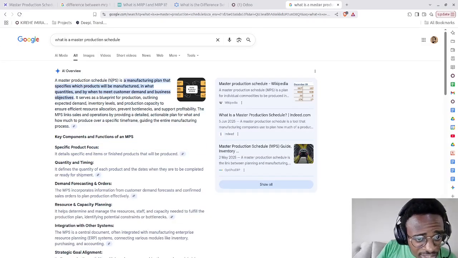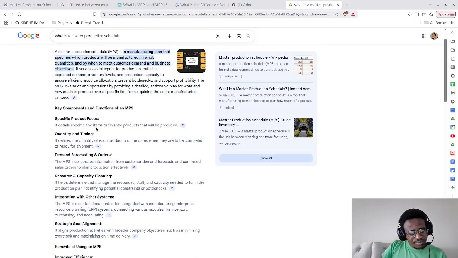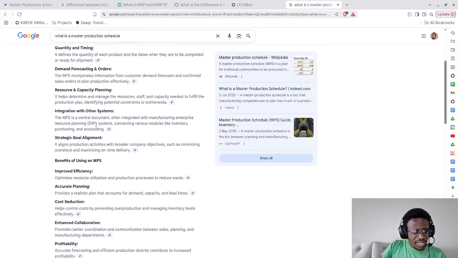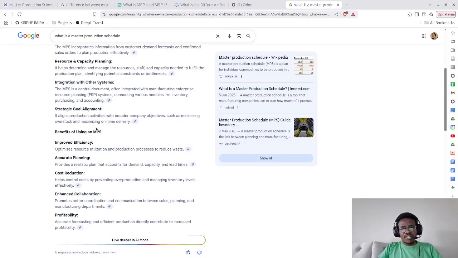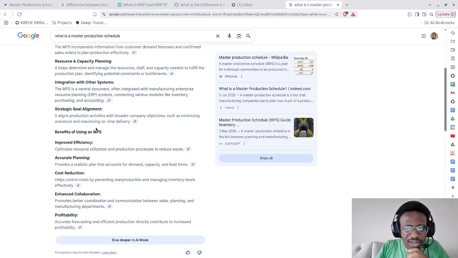A master production schedule, MPS, is a manufacturing plan that specifies which products will be manufactured, in what quantities, and when to meet customer demand and business objectives. So yeah, you can read further down here, but our aim is actually to see how this is done in Odoo. But we're starting with the first principles, of course.